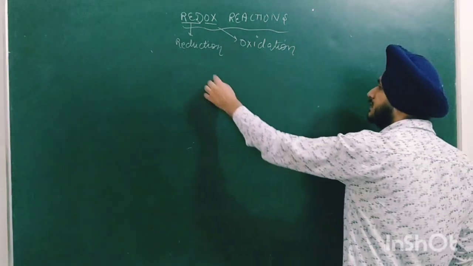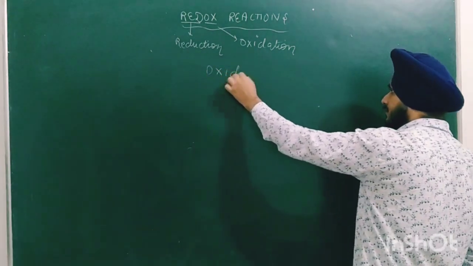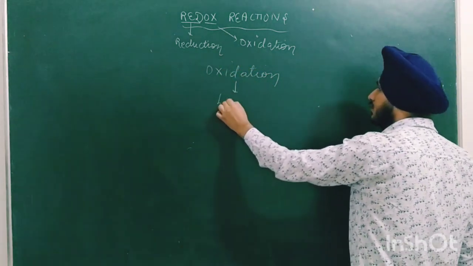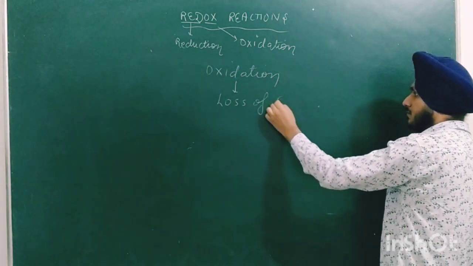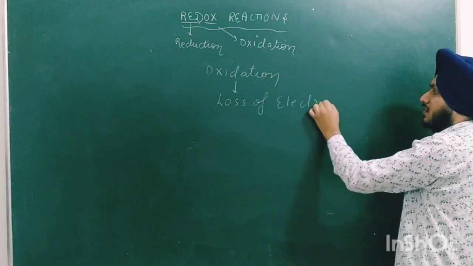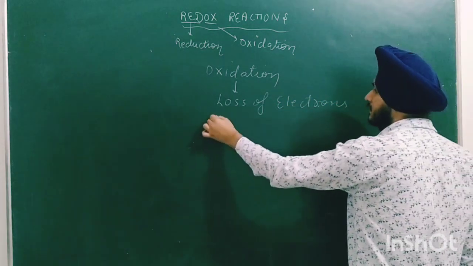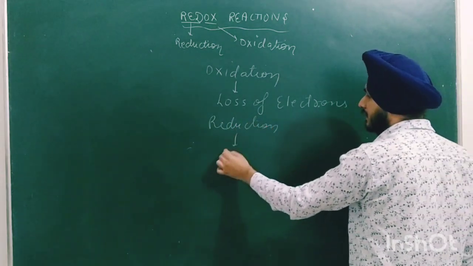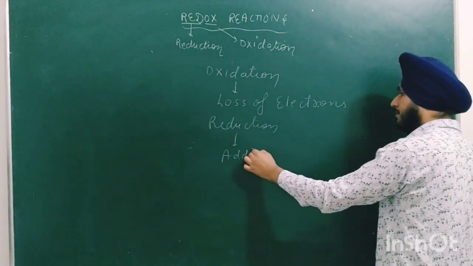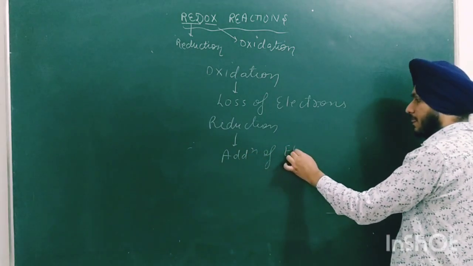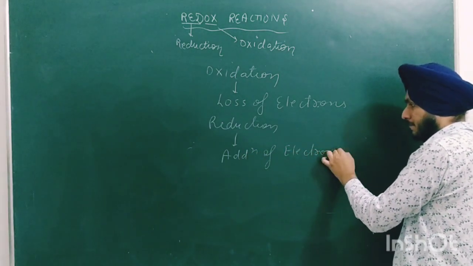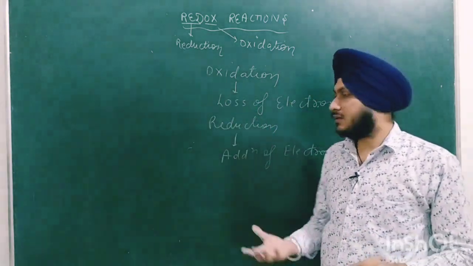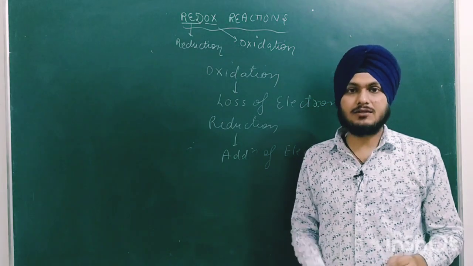Oxidation is the loss of electrons, and reduction is the addition of electrons, or gaining of electrons. Simple as that.